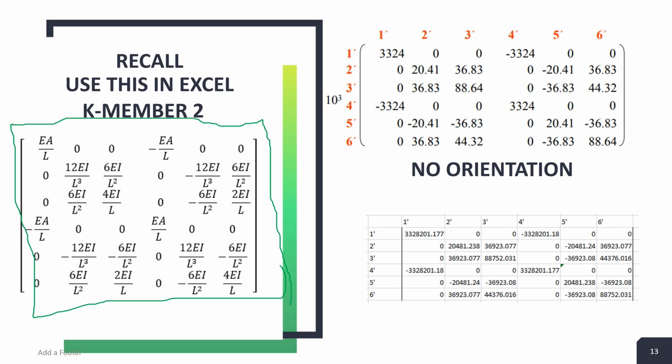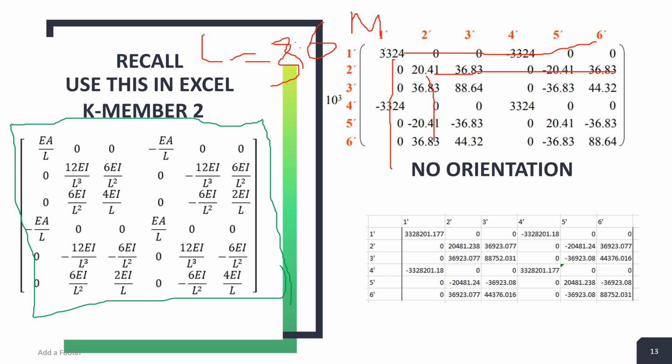Once you work out the orientation, the length I think is 3.6 meters. E and A is given, E and I is given as before. So this is your stiffness matrix. You can see, if you hold this here, check, is it symmetric? And indeed it is. So this is symmetric.